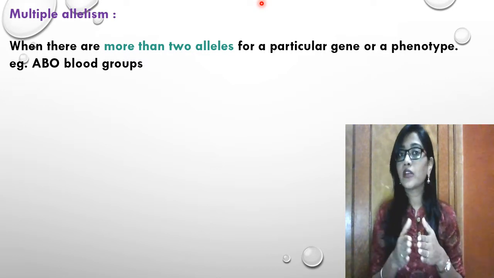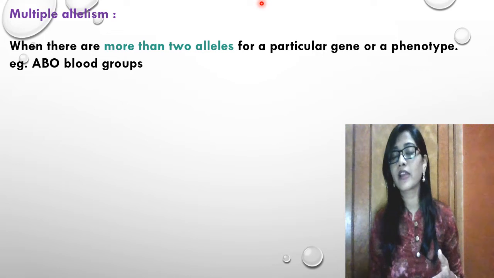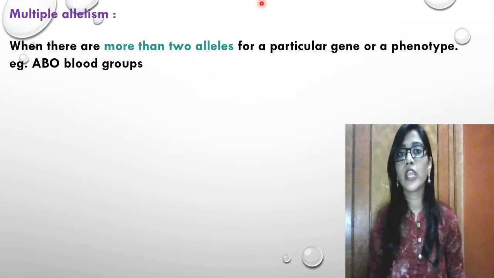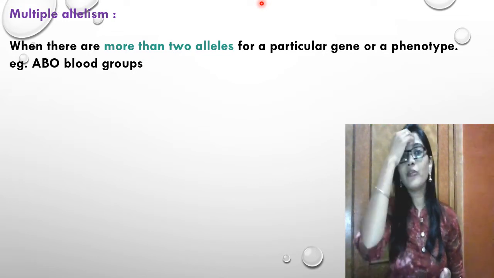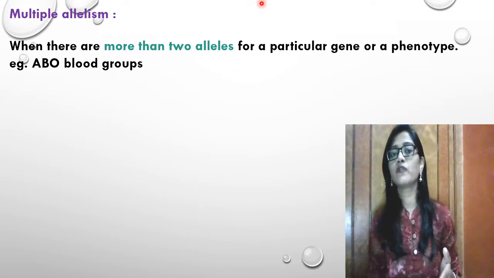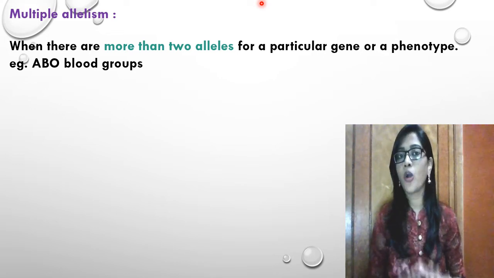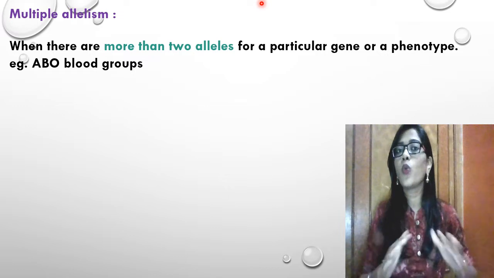Okay, so when that information gets changed, the message which is getting transcribed in the mRNA, or translated by the tRNA, is affected. The information of the DNA is damaged, so the expression will be different from the wild type. In normal DNA, the information which is present and getting expressed is the wild type.